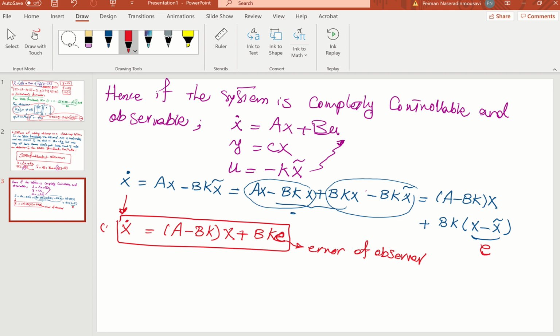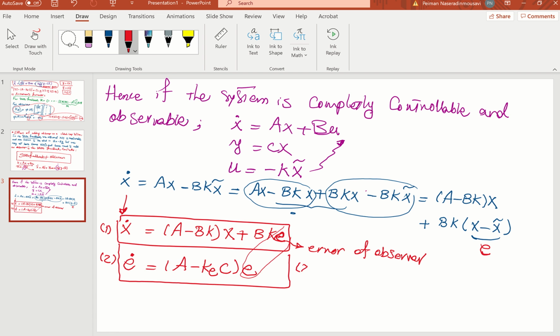If you remember from the previous class, part 19, go and see that we developed for the observer e dot is equal to A minus KeC times e. If you forgot it, go and see. See the same e. These are the same e. That's right.